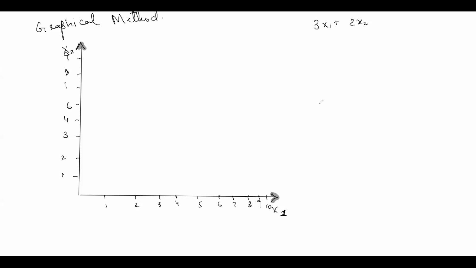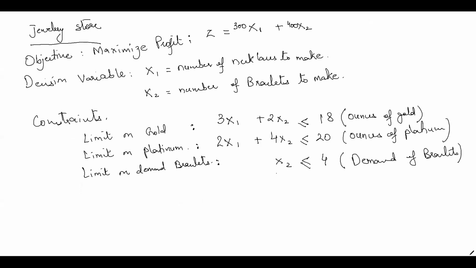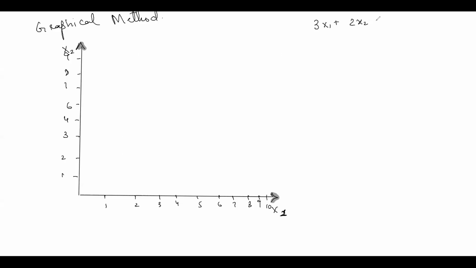Since we are talking about less than or equal to, I will graph it for equal to 18. But a less than inequality means the area below this line. This is the equation of a line, and the less than means the area below it. The second line from our constraints is equal to this one, and the third line is equal to 4. So we have three equations, and they are pretty easy to graph.